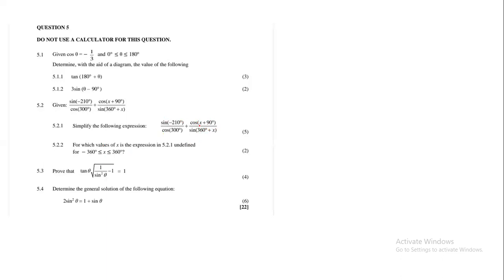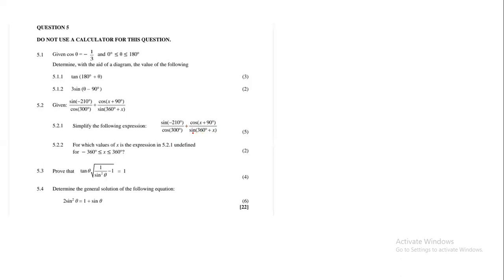We need those x values that, when we substitute them here, make this whole expression undefined. Most of the time when we deal with questions like this, I'm going to take this fraction, and therefore the denominator of this fraction must not be equal to 0.